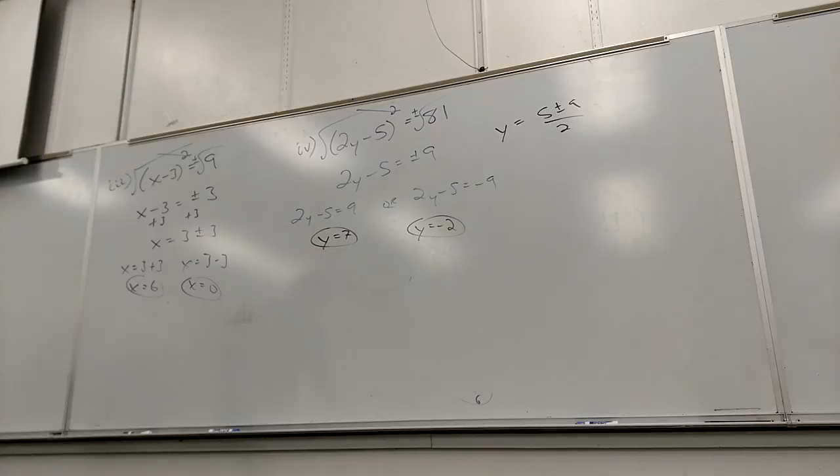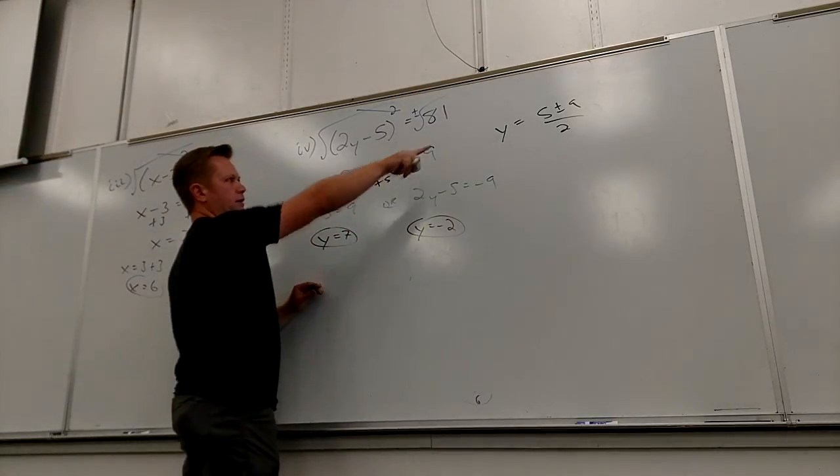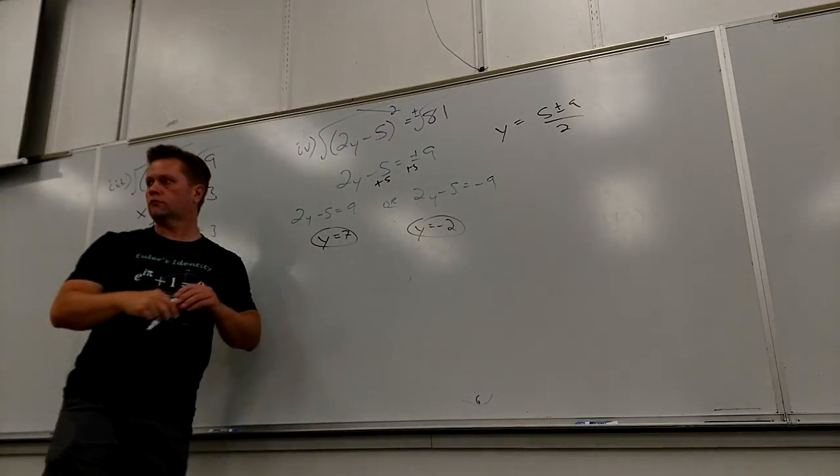I want to show you so I can show you the quadratic. So you move the 5 over, add the 5, and then divide by 2. That's how I got that expression there.